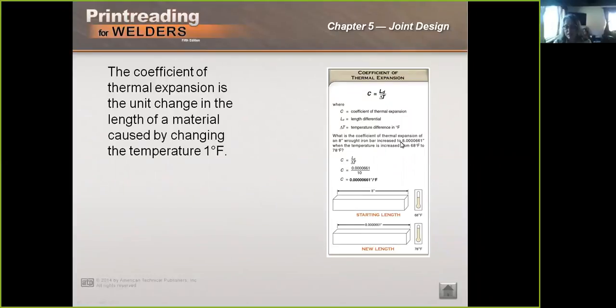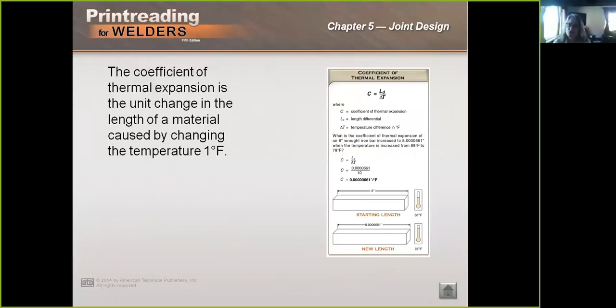The change in length is the final length minus the starting length. That's where the 0.000661 comes from. The change in temperature is the final temperature minus the starting temperature, or 10. And we find the coefficient of thermal expansion.